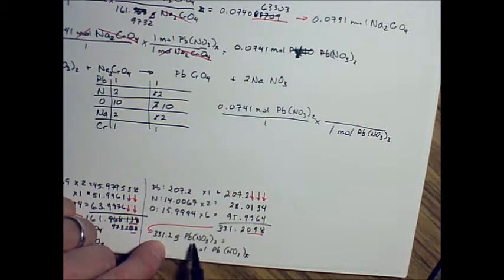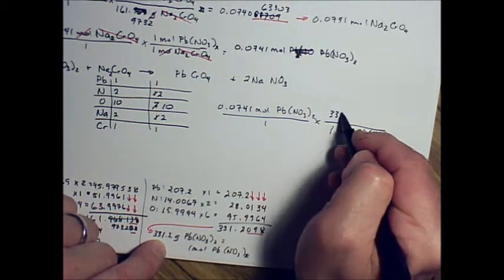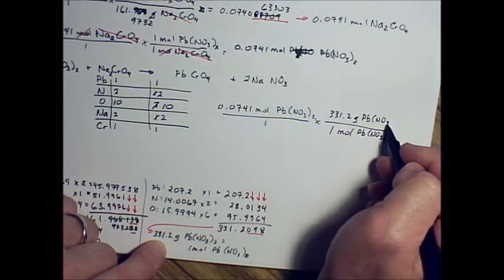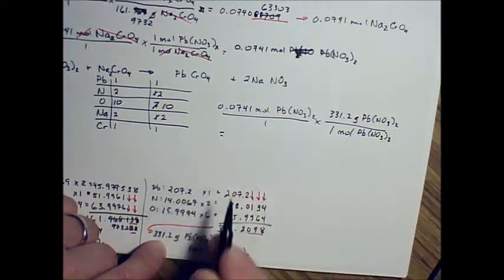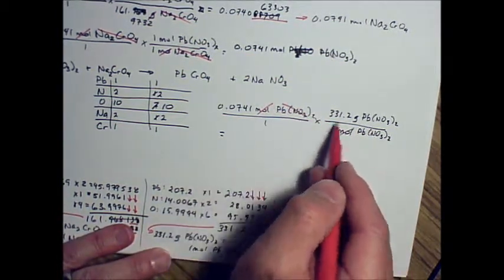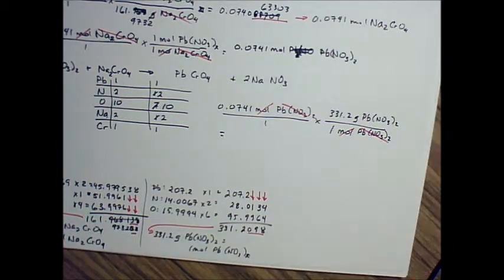And then the other side of the equality statement goes on the top, 331.2 grams of lead nitrate. All right. Now, moles cancel like x's and y's in algebra, and so too does lead(II) nitrate.